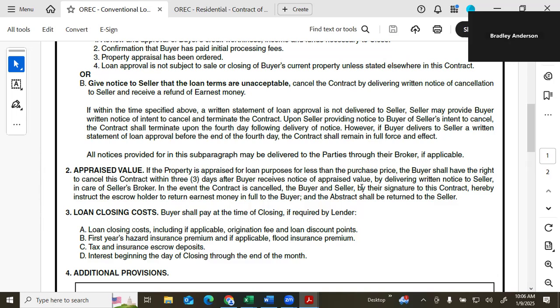But if the sales price is $400,000 and the appraisal is $320,000, well, that's pretty far apart. And so you may not be able to come to an agreement on the sales price, because theoretically, any difference between the appraisal and the sales price has to come out of a buyer's pocket. So when the gap is that big, typically the buyer will cancel, and they have 3 days to do that.